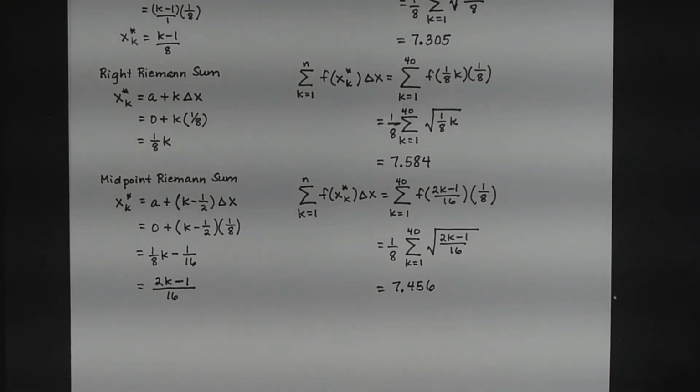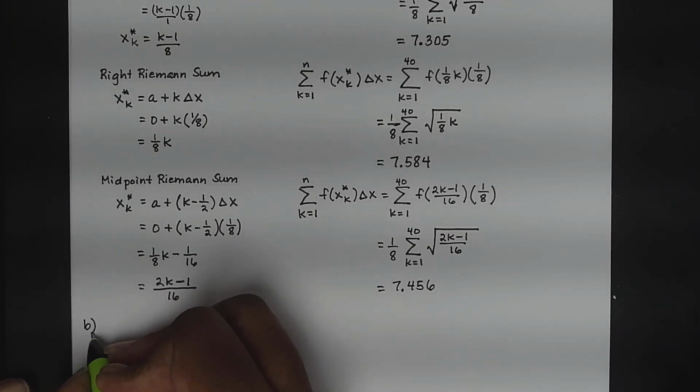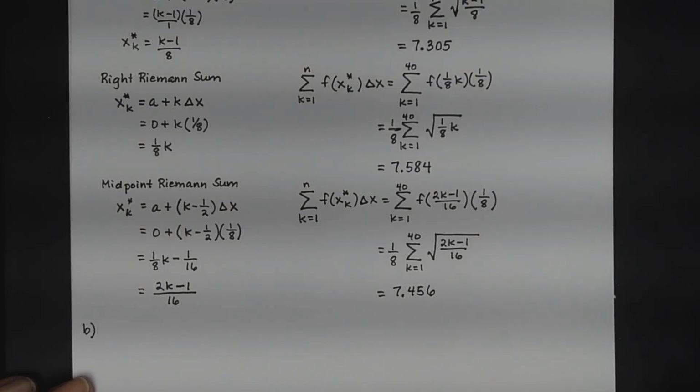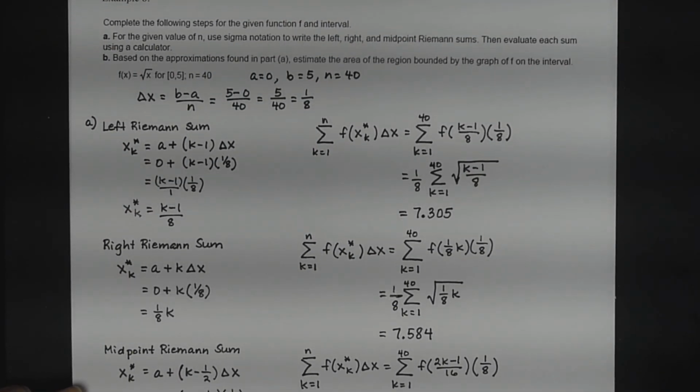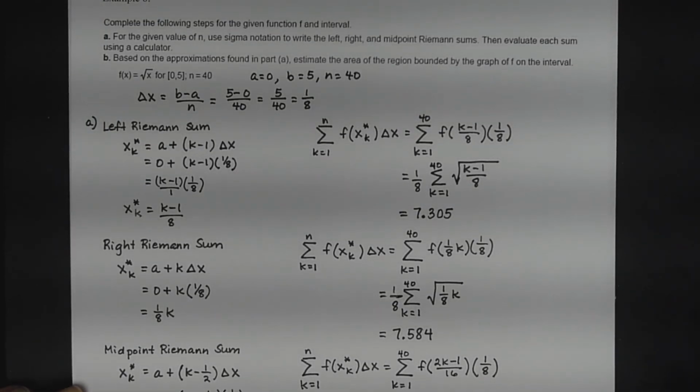Okay. So all of this represented part A, finding the left, the right, and the midpoint Riemann sum. Part B is, based on the approximations found in part A, estimate the area of the region bounded by the graph of f on the interval.